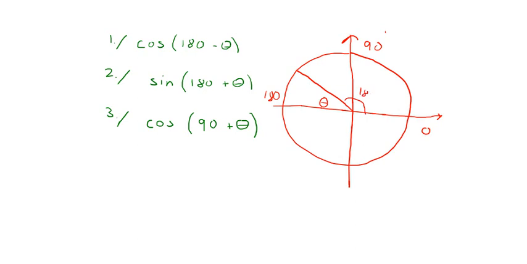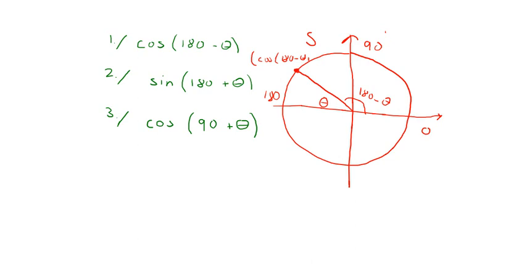We can see that these are pretty much symmetrical. They'll have the same x value, so it's the same as regular old cos of theta, but cos is negative because we're in the sine quadrant, so cos of 180 minus theta is the same as minus cos theta.